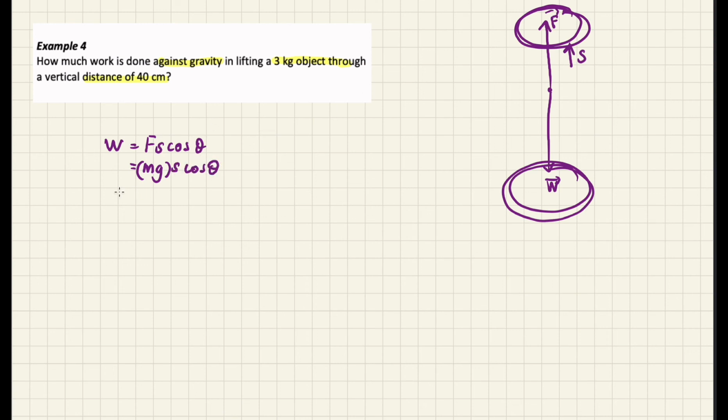So we can insert the value. Mass of the box is 3 kg, g is 9.81, and the displacement is 40 cm. So make sure you convert it to meter. So 40 times 10 to the power of -2, cos theta. The angle between the force and the displacement is 0 degree.